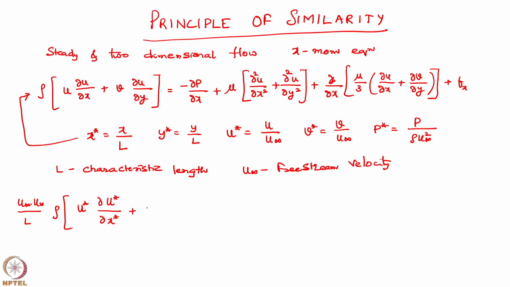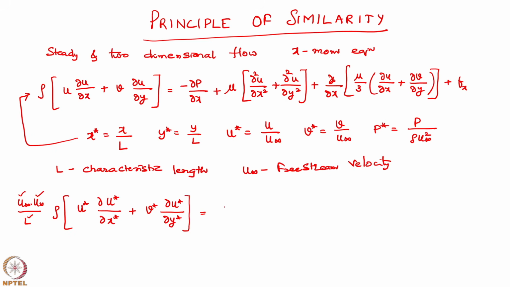Similarly, for v you have v star into u infinity, and dou y star into L, you have L, and dou u is dou u star into u infinity. So that is what you get.